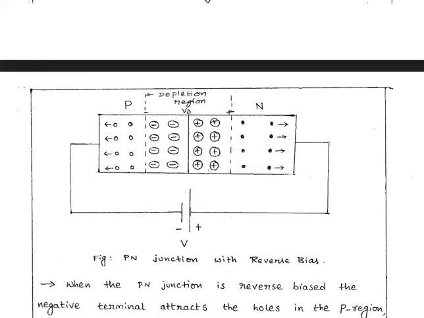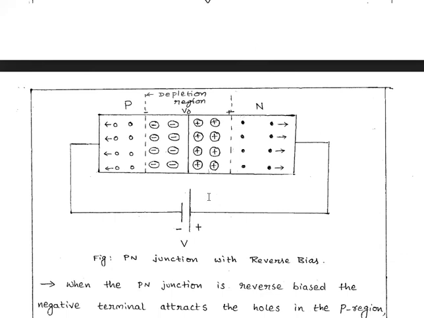These will cause current. Under the reverse bias, the thermal energy generates holes in the P region, which are attracted towards the negative terminal of the battery, and electrons in the N region are attracted towards the positive terminal of the battery.